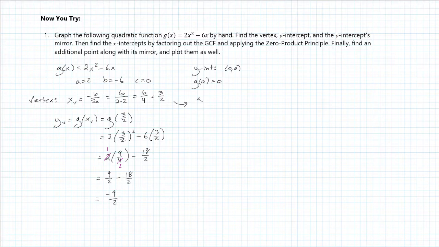So the axis of symmetry is x equals 3/2, right? That vertical line. So if we have the y-intercept's mirror, it's going to have an x value that's straight on the other side of that.